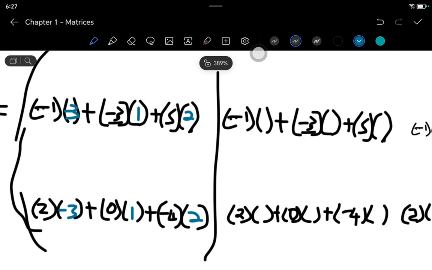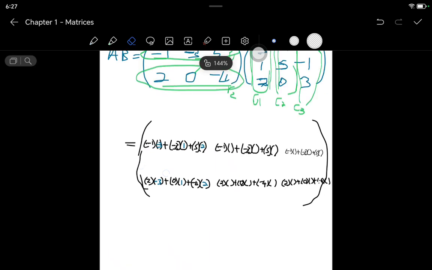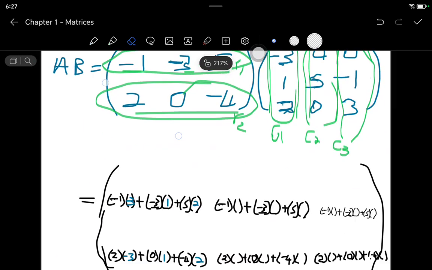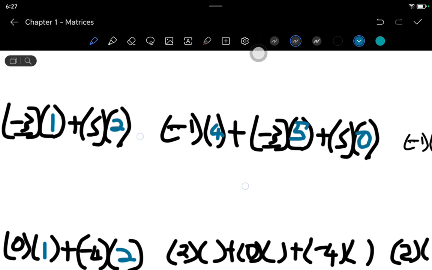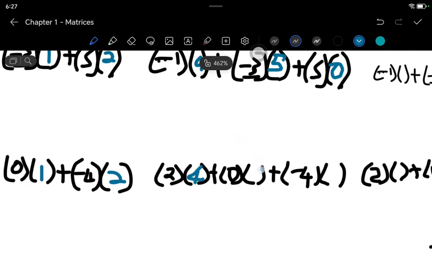So what did I write on this line? Minus 3, 1, and 2. That is the first column. Then I go to the second column. Second column, I have 4, 5, and 0.